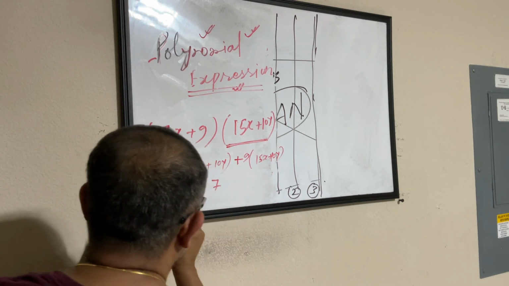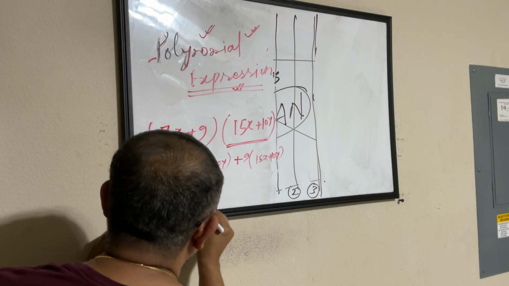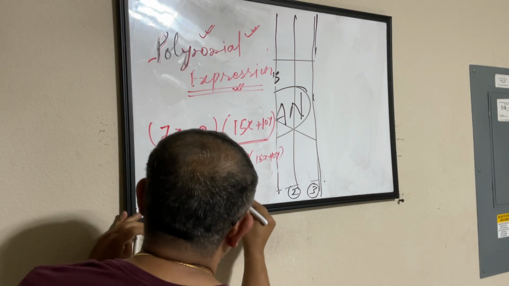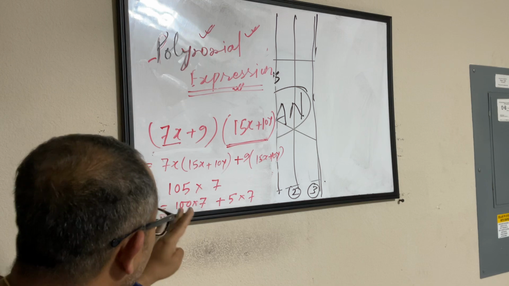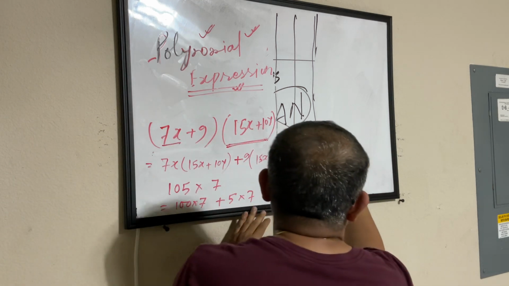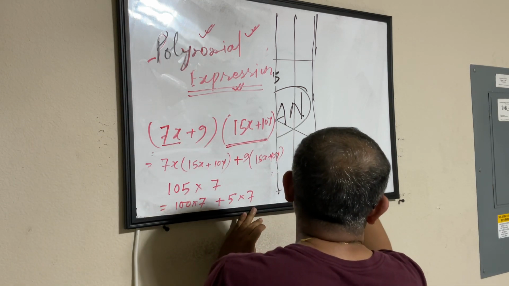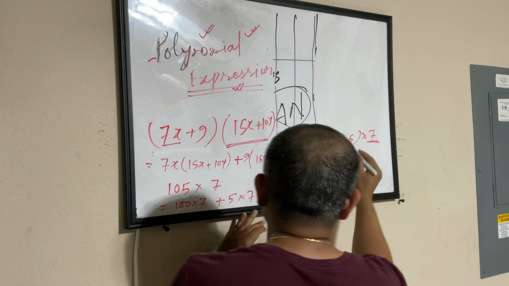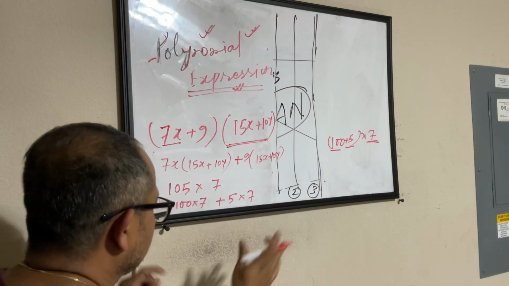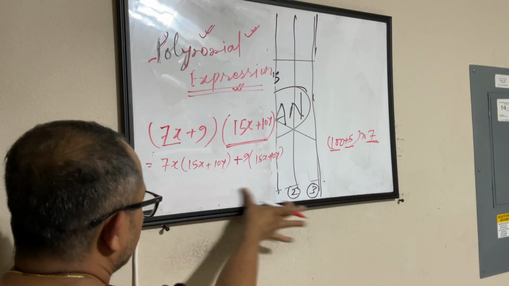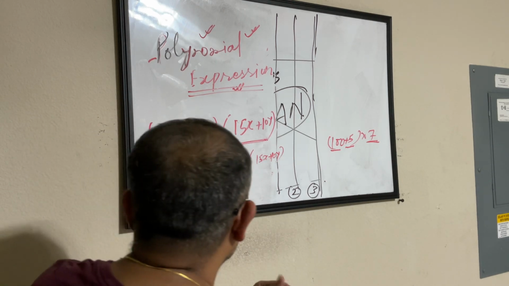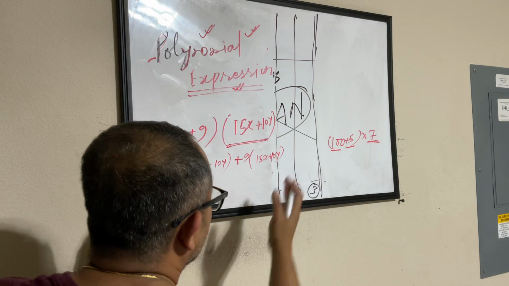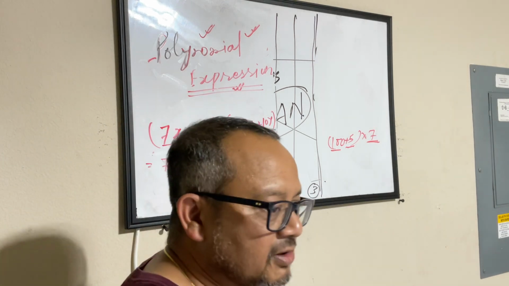You can say it's 100 into 7 plus 5 into 7. That's how it is, right? 105 is 100 plus 5, into 7. So you multiply 7 with 100 and then 7 with 5. That's exactly what we are doing here also, correct? So your basic approach doesn't change, it remains the same, just that the numbers of the problem might look different.